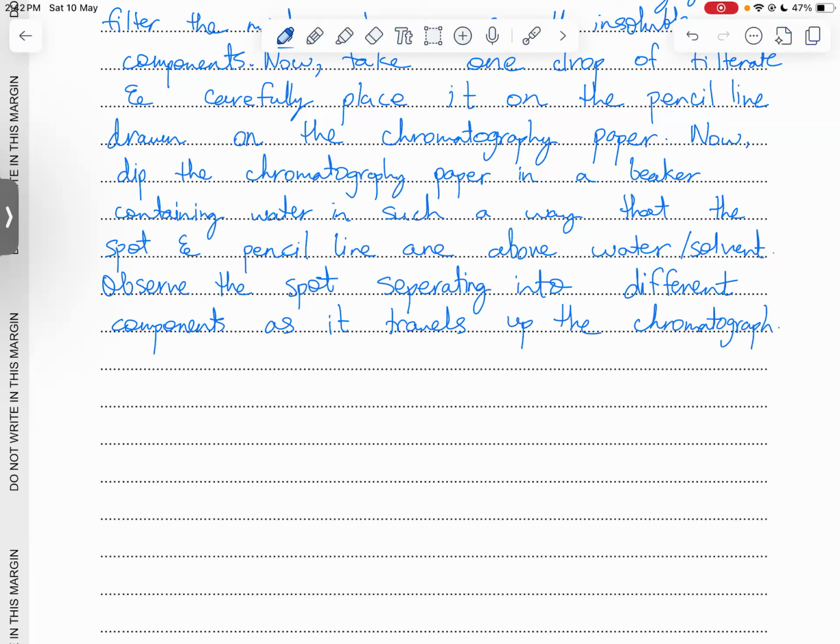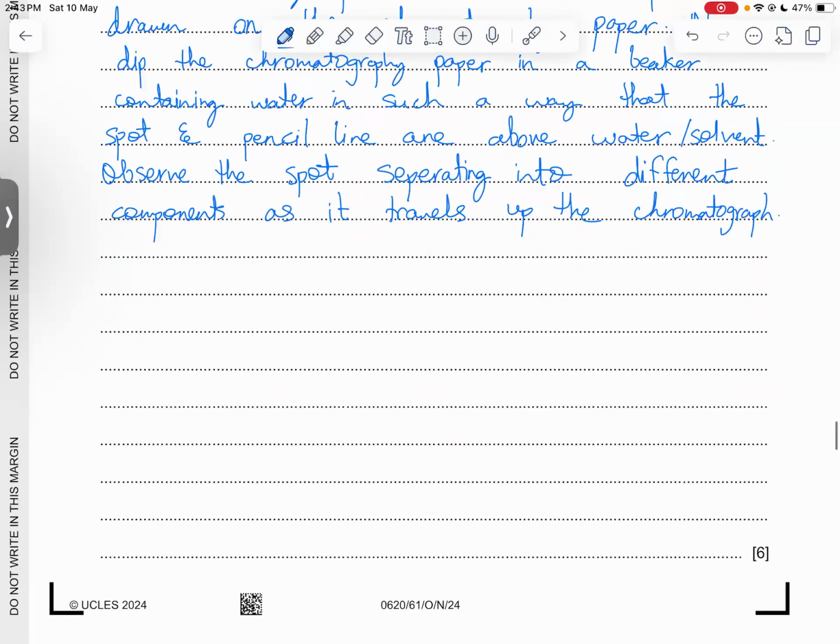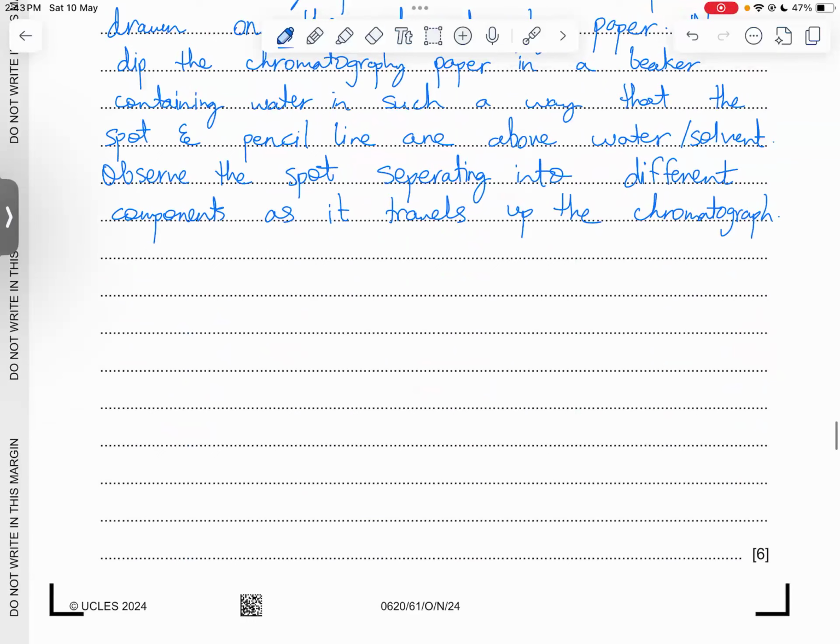So chromatograph is basically the paper. So after we have seen the spots have completely separated, once no more spots are separating, count the number of spots. These are the number of substances.